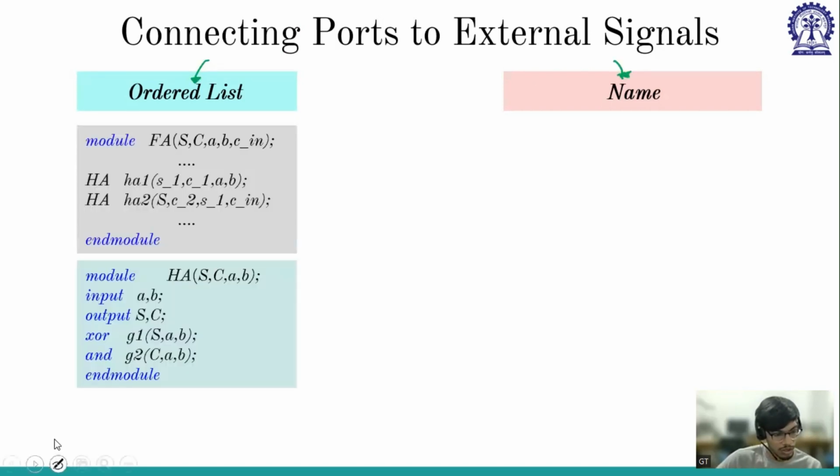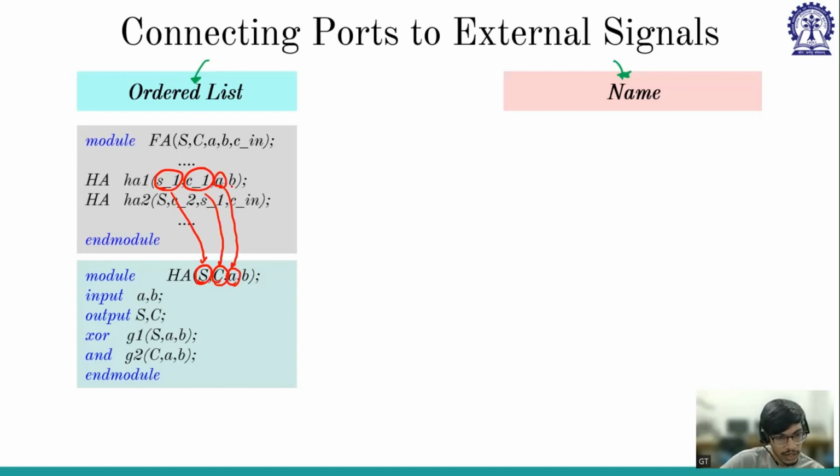Full adder has two half adders, as you know. So S, C, A comma B comma C. Here there are different variables. If I use this format, then my order should be the same. Here S1 will be treated as S, and my C1 will be treated as C. So order should always be followed.